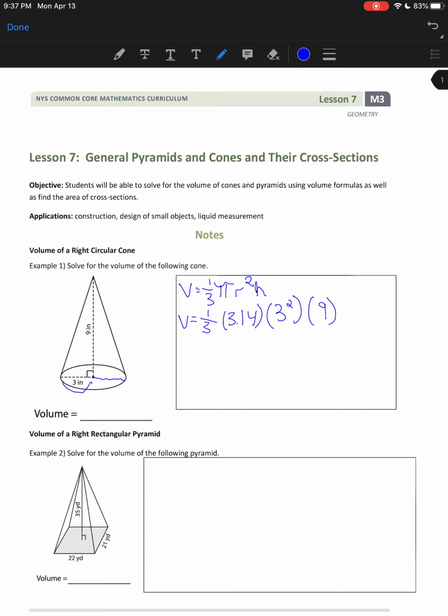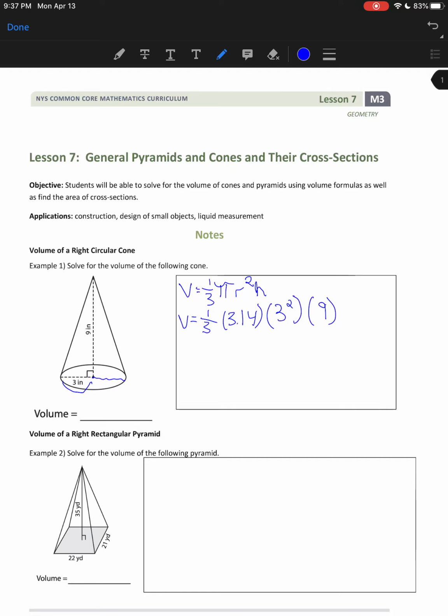All you need to do now is plug these into a calculator and you'll get your answer. So let's see here. Let's say we do 1/3.